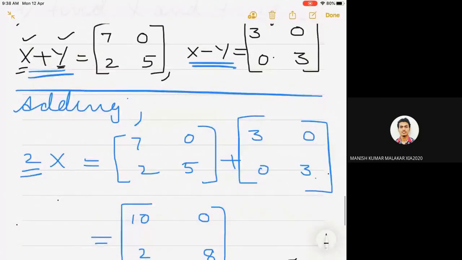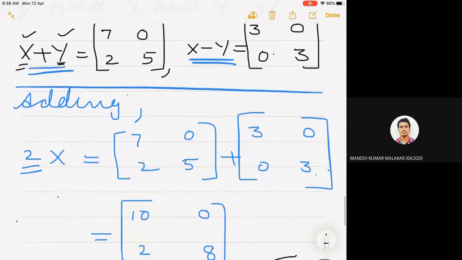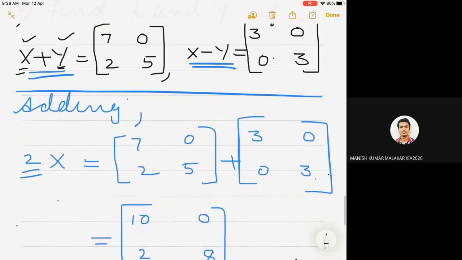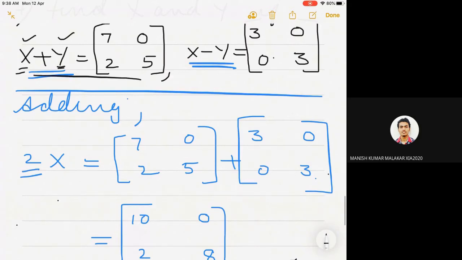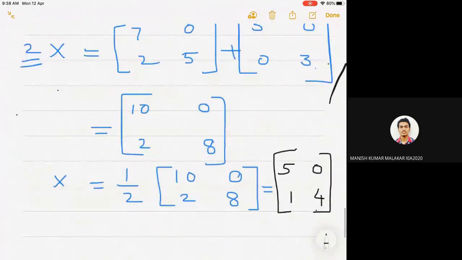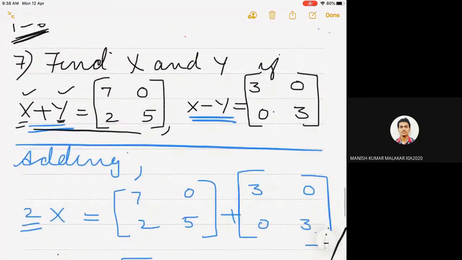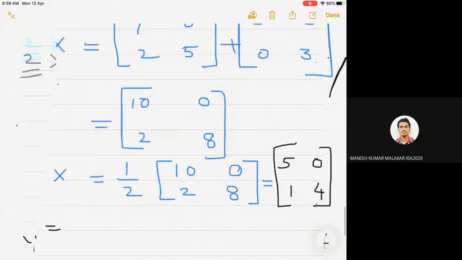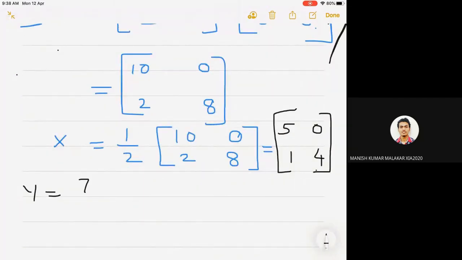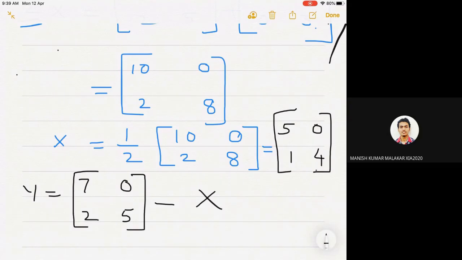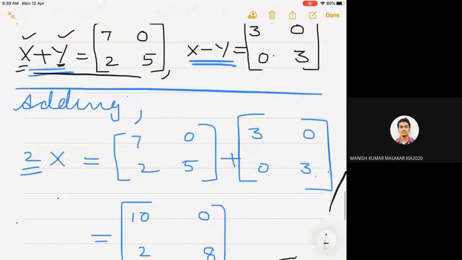Now to get y, just like in the algebraic equation, you substitute in this equation. So what will be y? So y equal to, from the first equation, if you are substituting, y equal to 7025 minus x. Copy correctly, Amira.